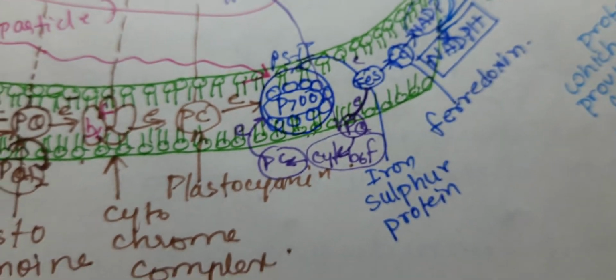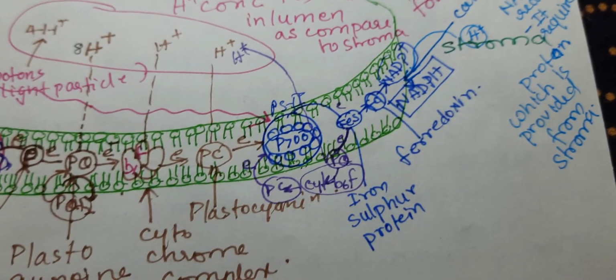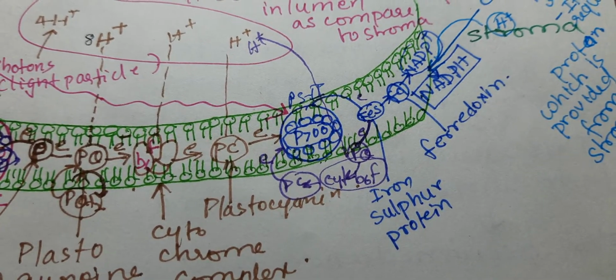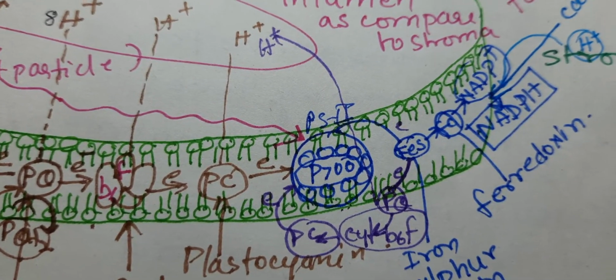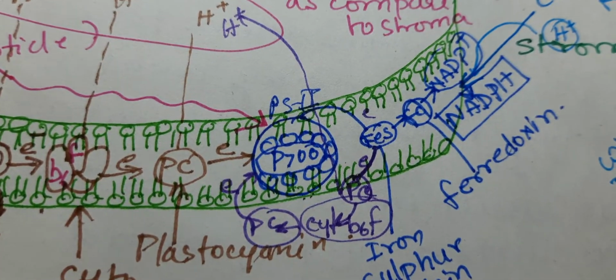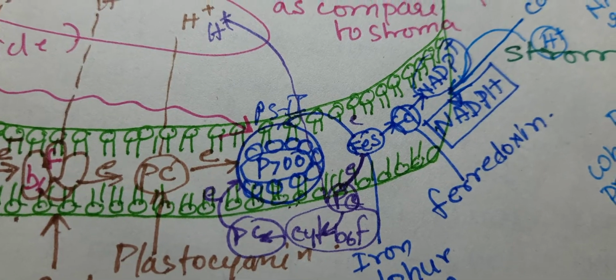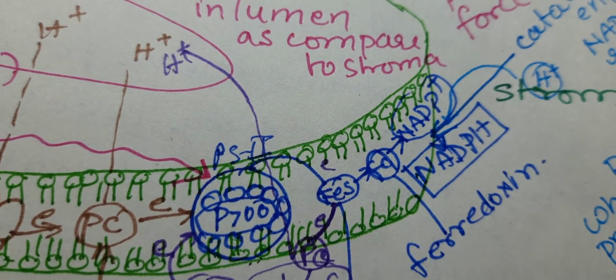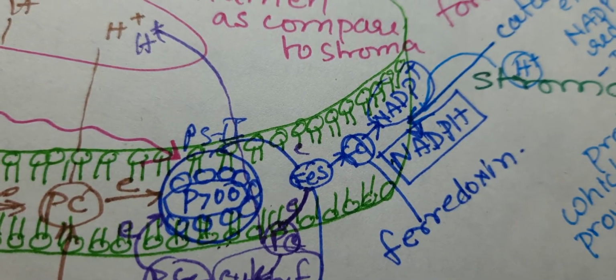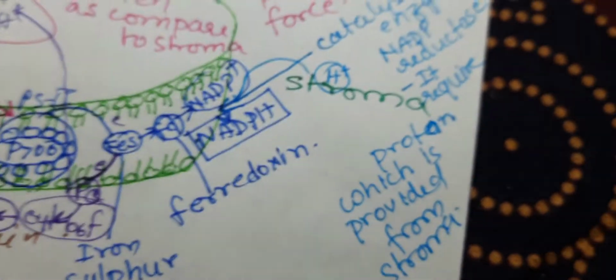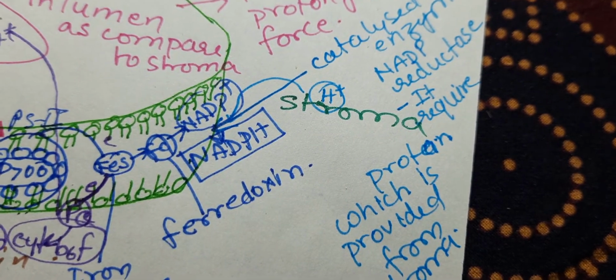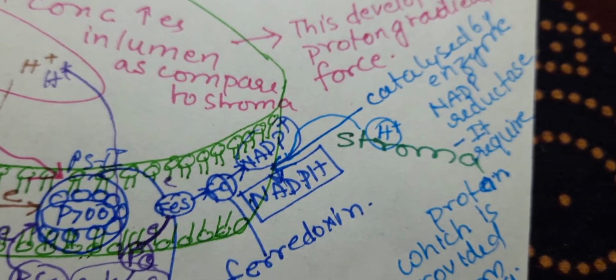Now there are two ways photosystem 1 channelizes this electron. First, photosystem 1 transfers this electron to FeS, that is iron sulfur complex proteins, and then to ferredoxin, and then ferredoxin transfers the electrons to NADP.